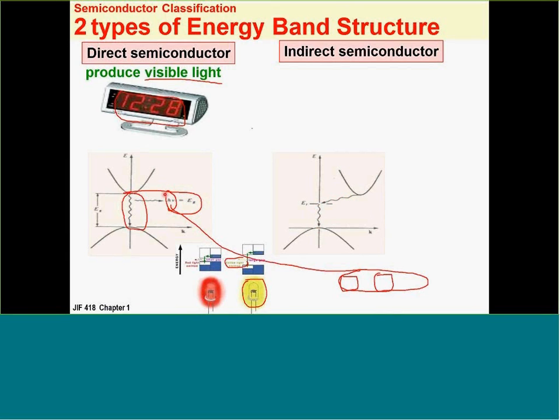If you compare to the one here, the energy that's being given out is much less than before. And this energy that's being given out is normally in the infrared region for the case of silicon. So this energy is being lost to the lattice, but only this one is being given out.